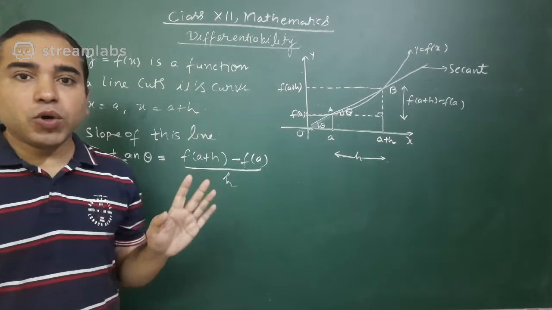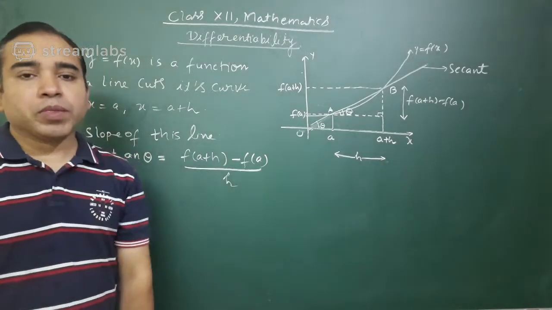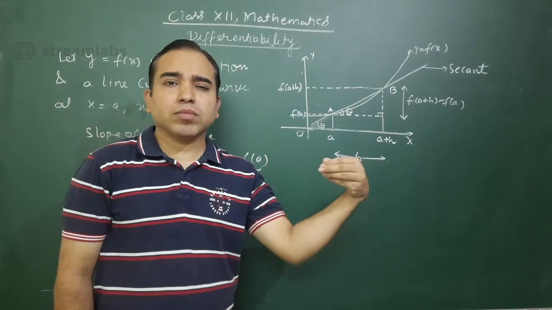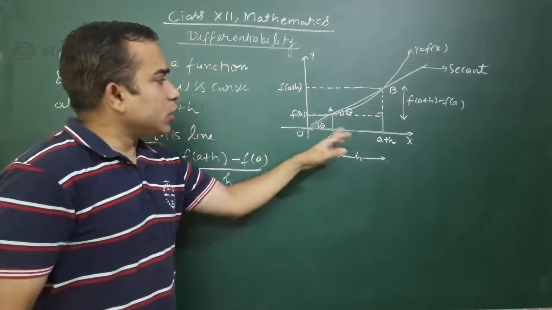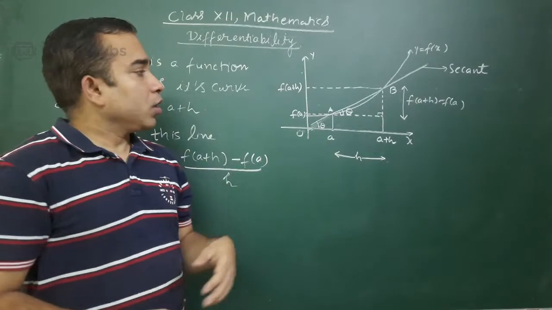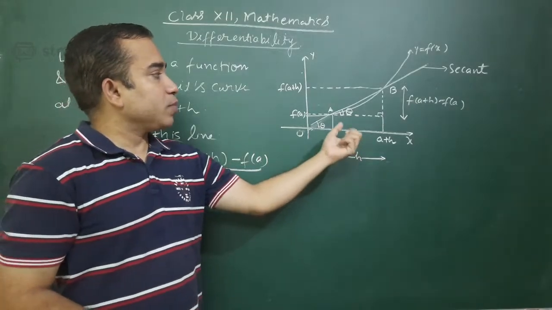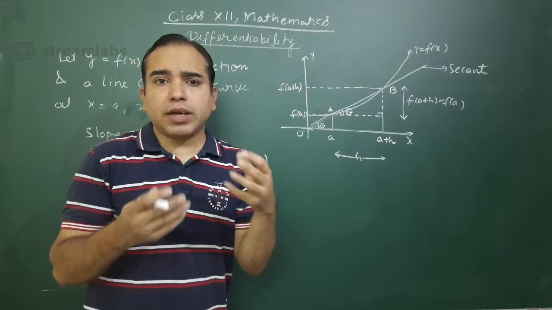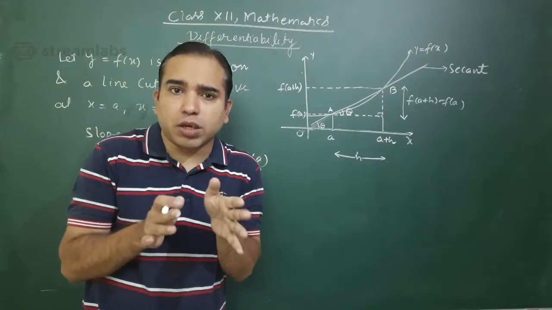तो ये हो गई वैल्यू tan theta की. अब सुनो कि suppose this h is very less, 0. So what will happen if you imagine that h is very less, means these 2 points are very close or starting coinciding with each other.